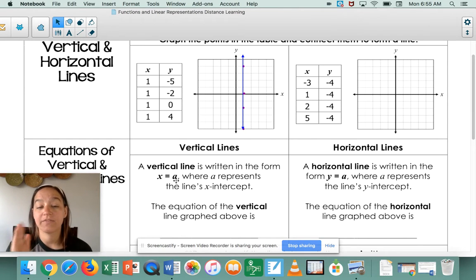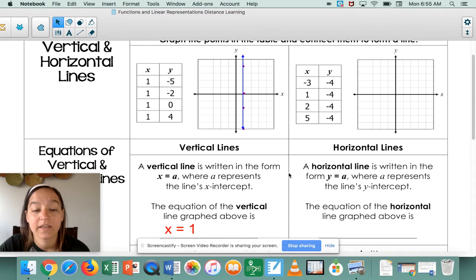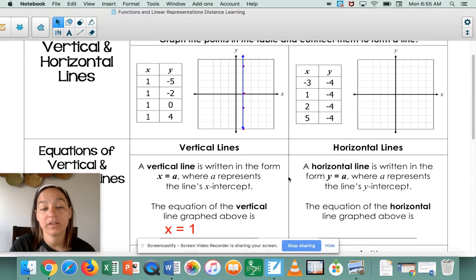Because if X is always a certain number and Y can be anything, then I know it's a vertical line. So the equation of the vertical line that we just graphed right here is X equals 1. So if someone gives me the equation X equals something, I know it's a vertical line, okay?